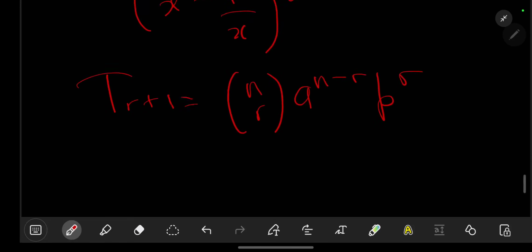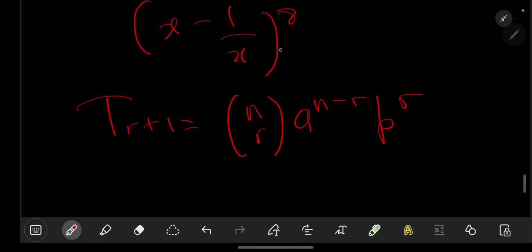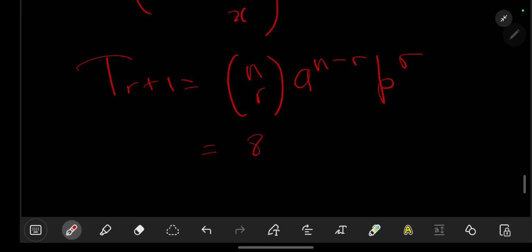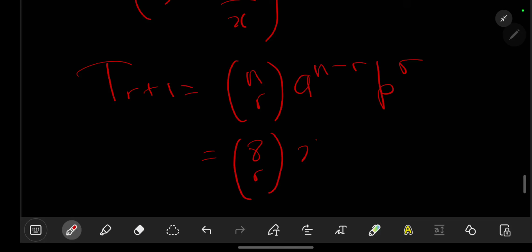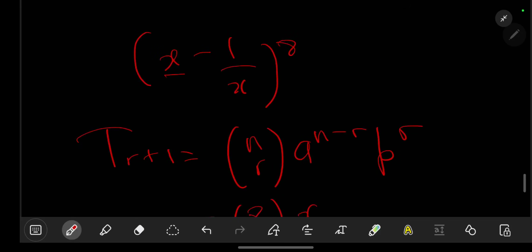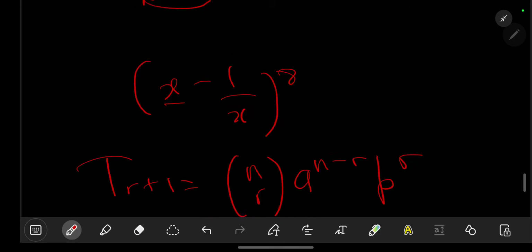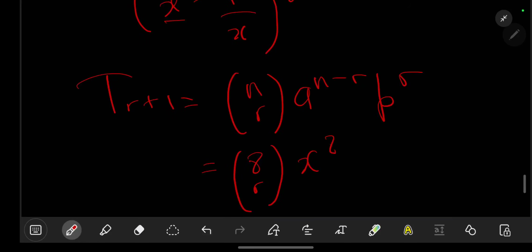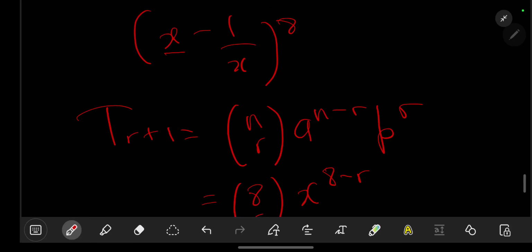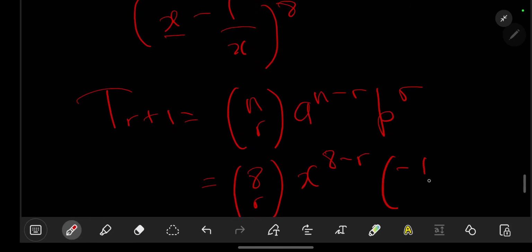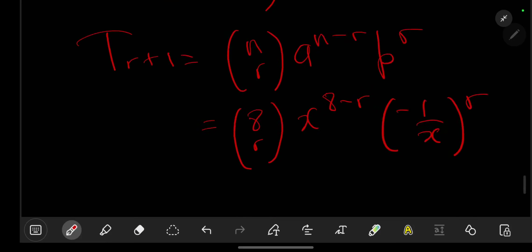We are going to replace. We know that our n in this case is 8, so we are going to have our 8 combination r. Then our a is equal to x in this case, so the first term is your a, to the power of n, which is 8 minus r, like that. Then your b, which is equal to negative 1 over x, to the power of r, which you don't know.